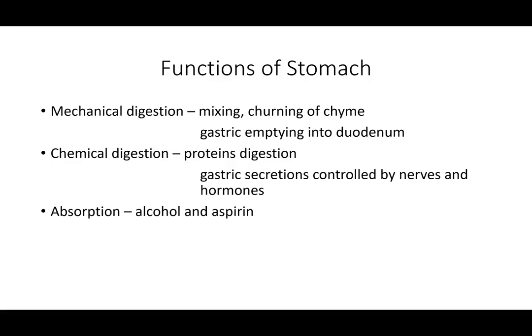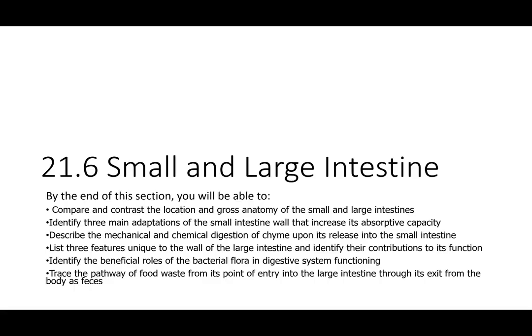So again, the stomach is going to do a lot of that mechanical digestion, as well as moving things into the small intestine. Our chemical digestion is pretty much entirely proteins in the stomach, where those are being controlled by nerves and hormones, and it can also absorb, again, certain fat-soluble things like alcohol and aspirin.